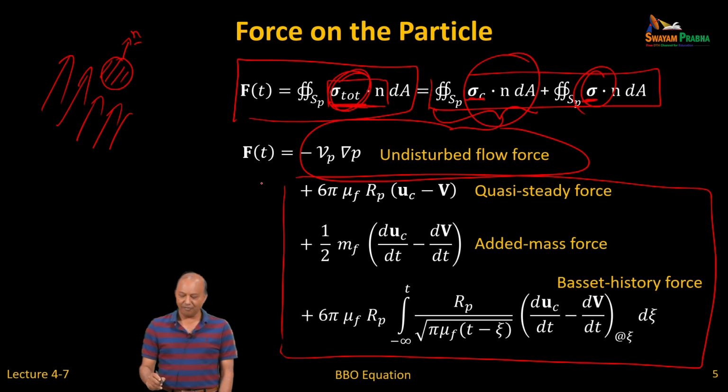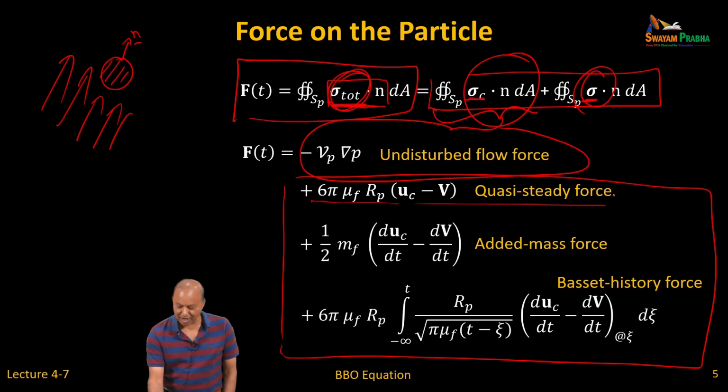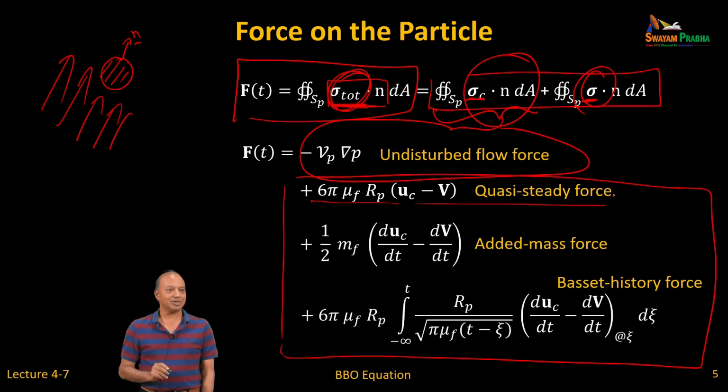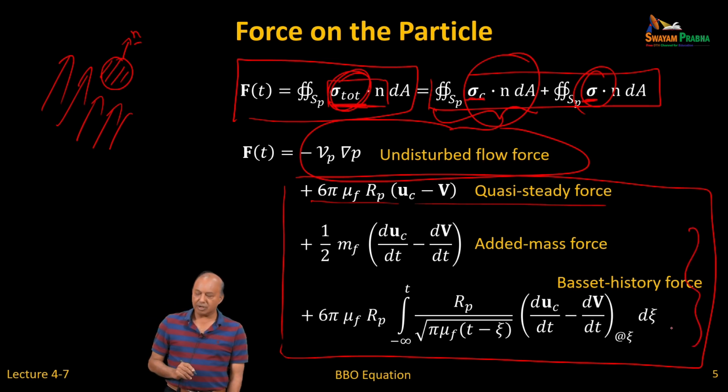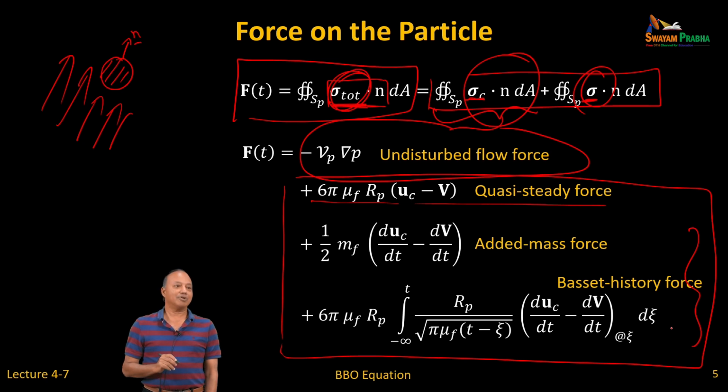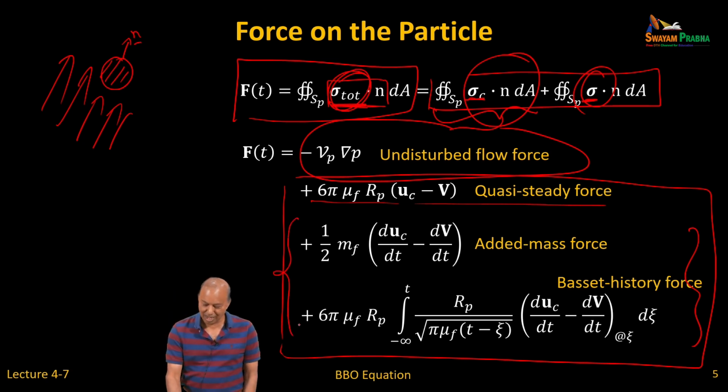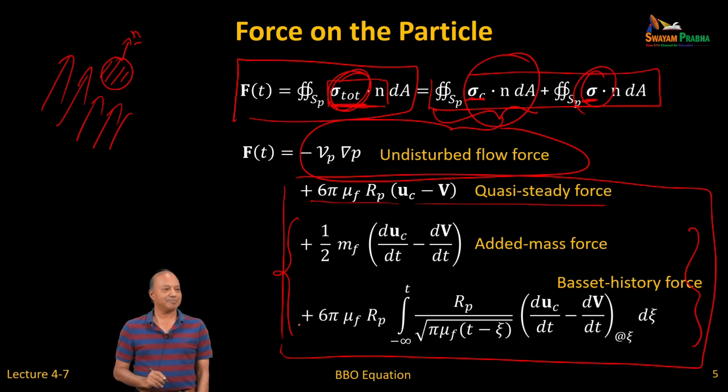The first of this is what we have seen in the previous lecture, the Stokes drag. The other two terms are, now the flow is unsteady, so you will call them unsteady effects.